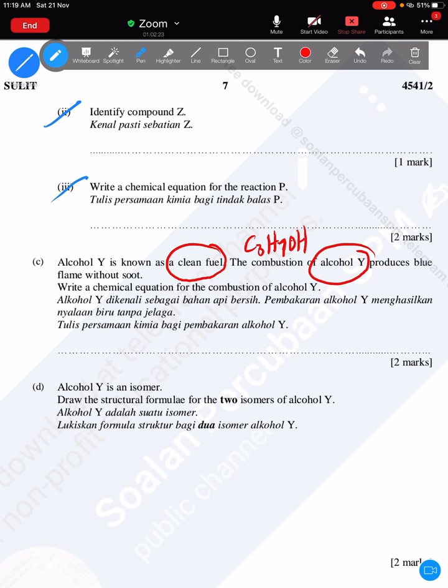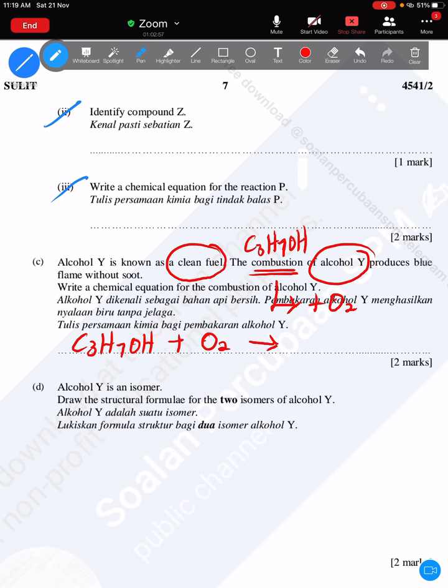Alcohol Y, you have C3H7OH plus, what do you mean by combustion? Guys? You add O2. That is what I'm looking for.